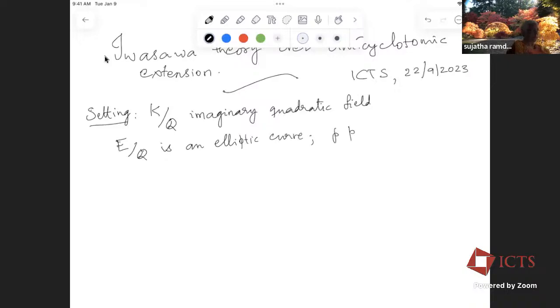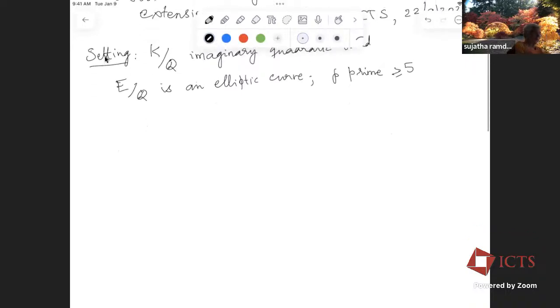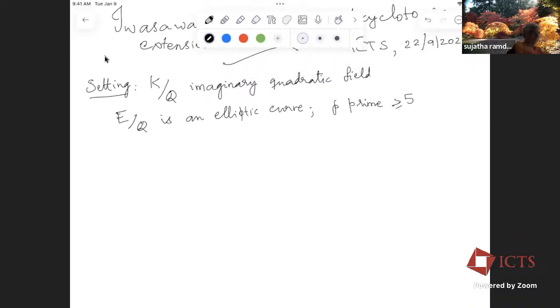P is a prime. At times I'll have to assume it's greater than or equal to 5. So let me make that assumption. Some of the results are still valid for P equals 3, but let me go ahead and assume this is the case. And then of course, I've always worked in the cyclotomic extension, but for the last few months, I've been trying to understand anticyclotomic.